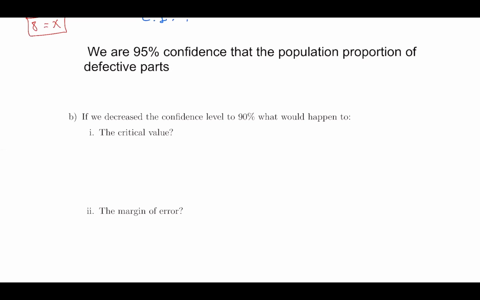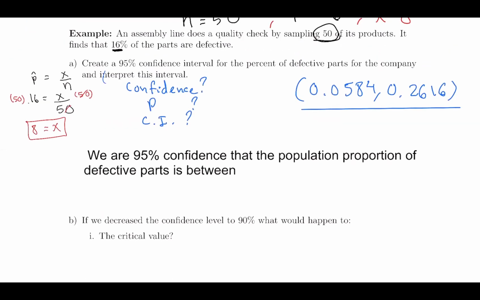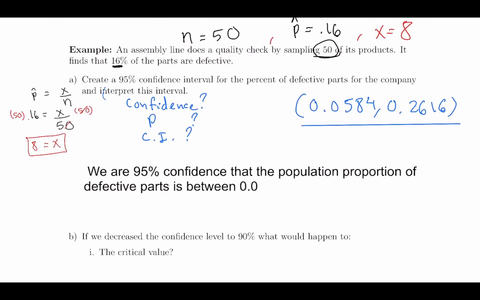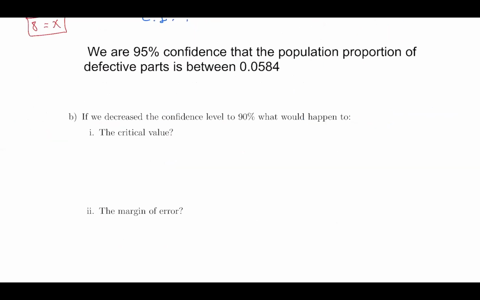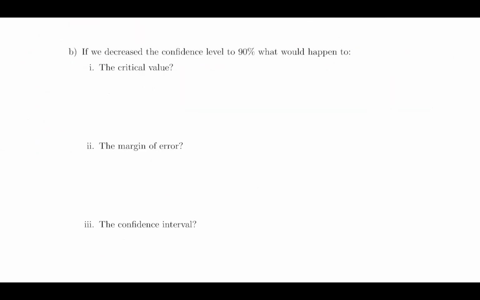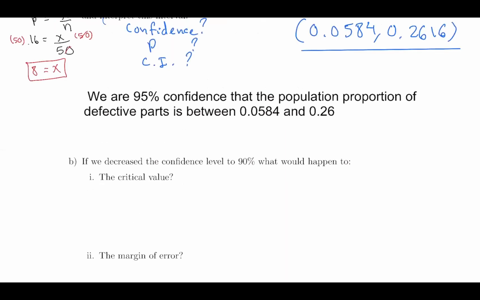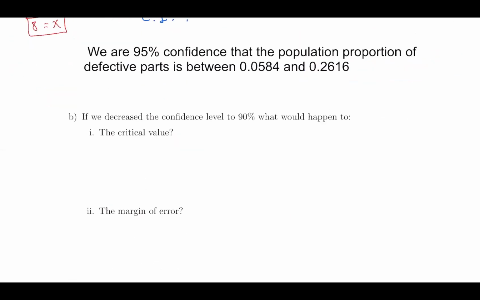And then you say is between, and then you put your confidence interval. And that's 0.0584 and 0.2616.